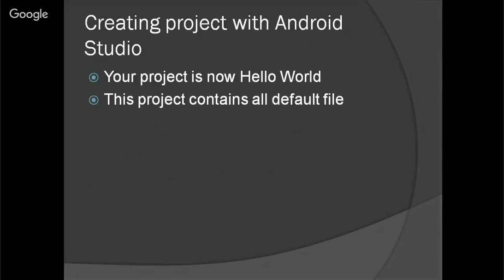This will create a lot of default files. You might get confused at the beginning because there will be lots of default files which will have different extensions. So no need to worry about all those, because this webinar is intended to introduce you all to what those files are and what they actually will be doing.